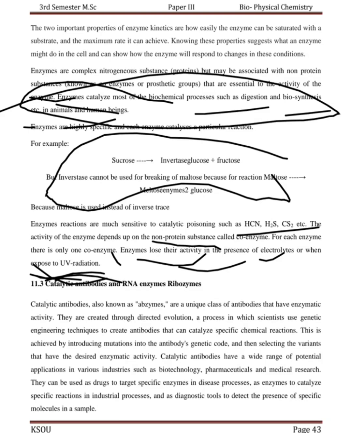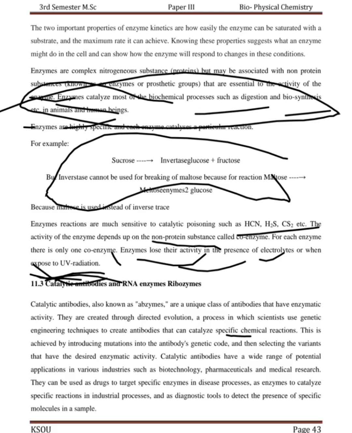So catalytic antibodies have a wide range of potential applications in various industries such as biotechnology, pharmaceutical companies, and medical research. An antibody is a protein component of the immune system that circulates inside the blood. So it is a protein component. Some of the antibodies can be injected.